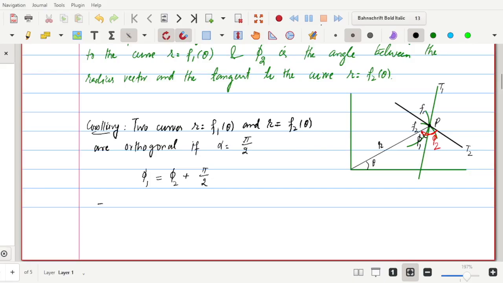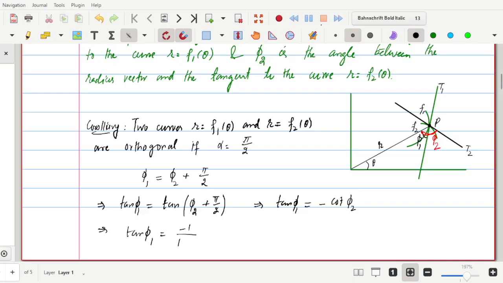Now if we apply tan here, this gives us tan phi 1 is equal to tan of phi 2 plus pi by 2. Now we know that tan of phi 2 plus pi by 2 is actually minus cot phi 2. Therefore we have tan phi 1 is equal to minus 1 divided by tan phi 2.